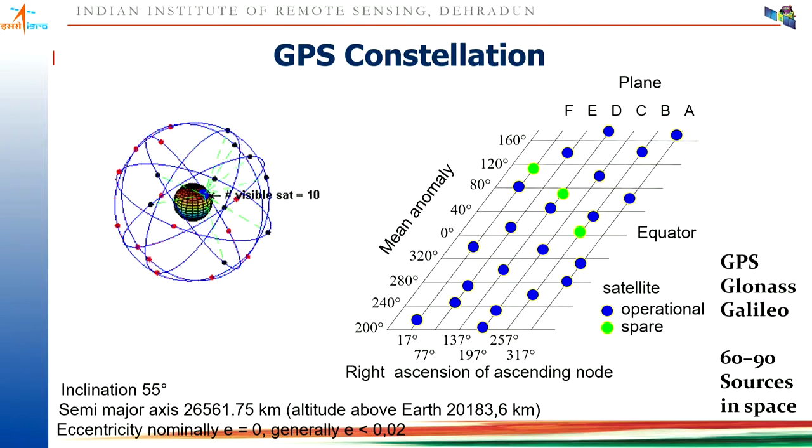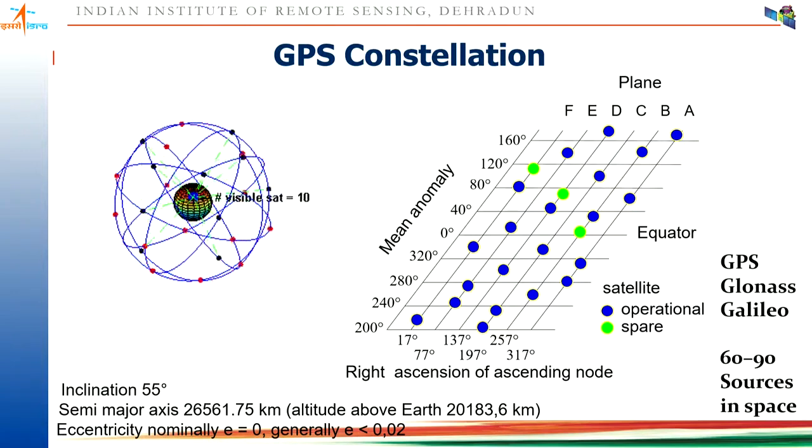Definitely there will be some eccentricity. Seen from the ground, the altitude is around 20,200 kilometers. Eccentricity is nominally zero, but it may not be exactly zero, generally about 0.02. That's what I told you: E may have some value, and when E is there, it will be on an elliptical path.